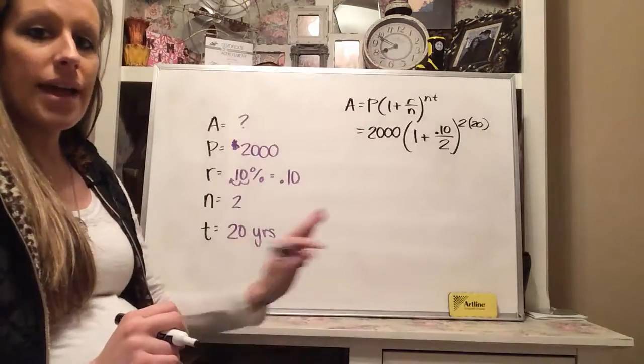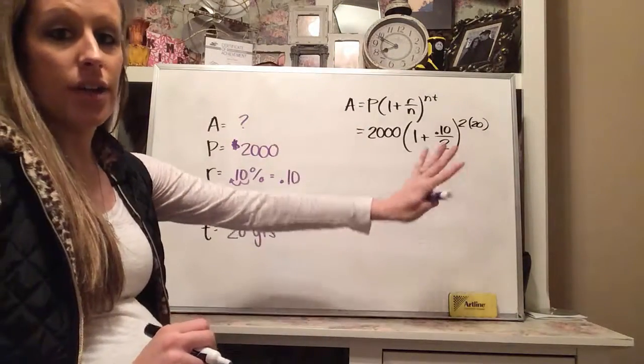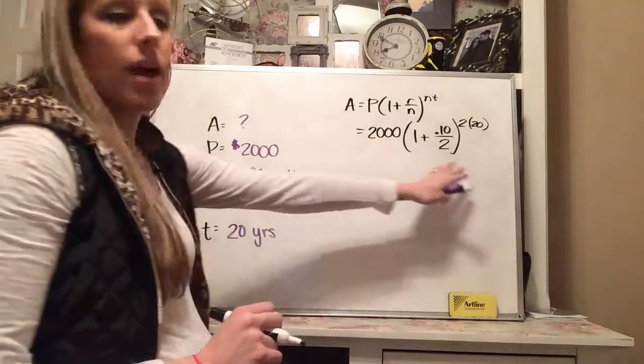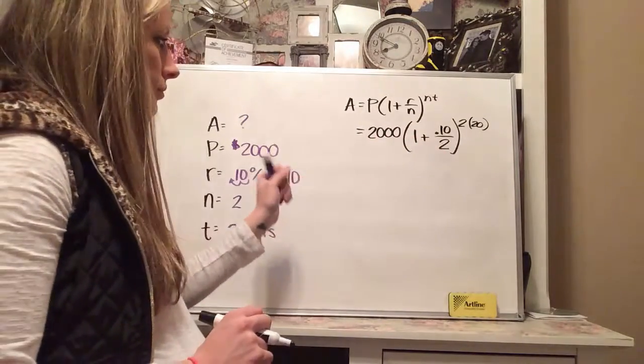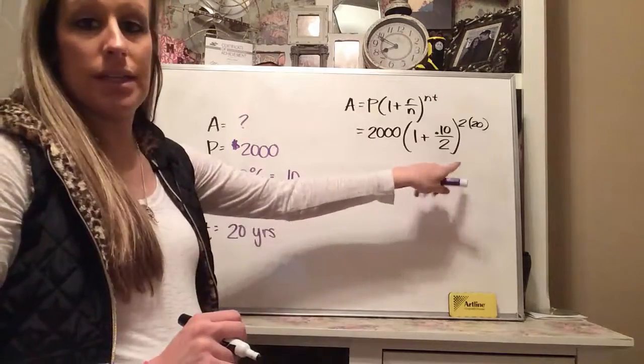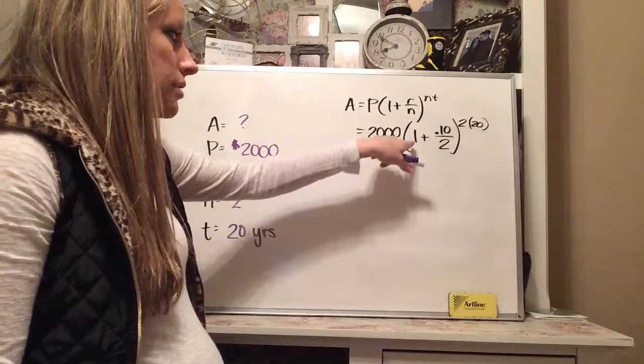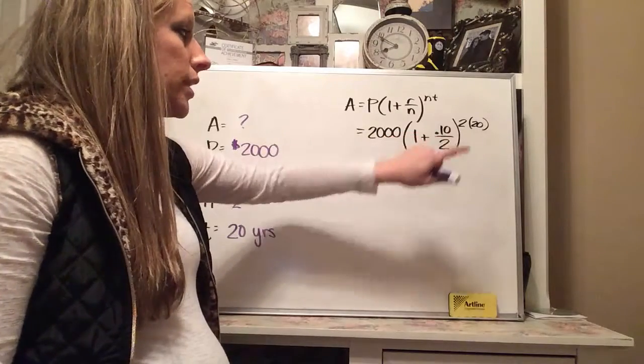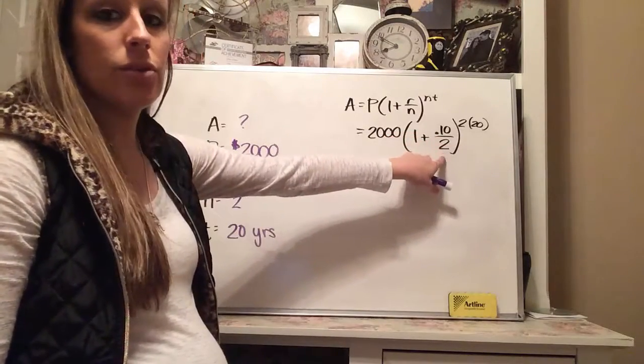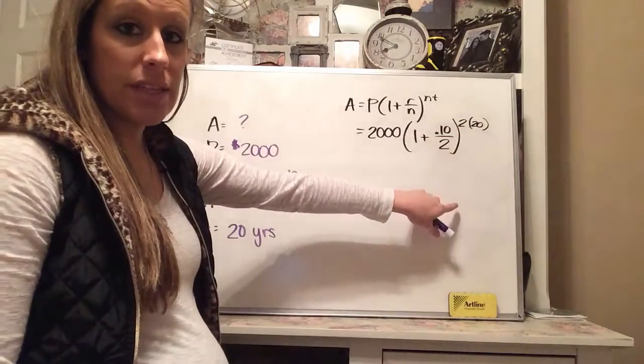Okay, so I can punch all of this in my calculator all at once, because I don't have any variables here. So you're going to put it in exactly like this. 2,000, parentheses, 1 plus 0.1 divided by 2. Close your parentheses.